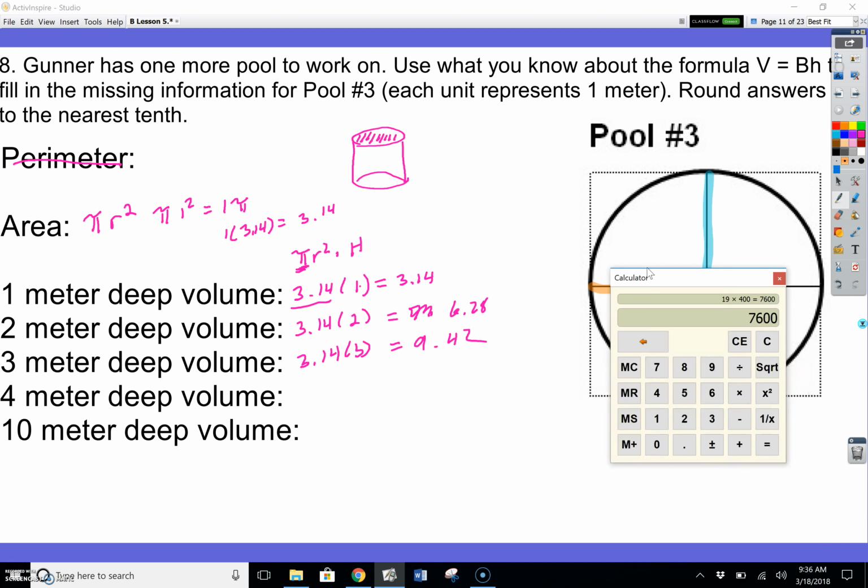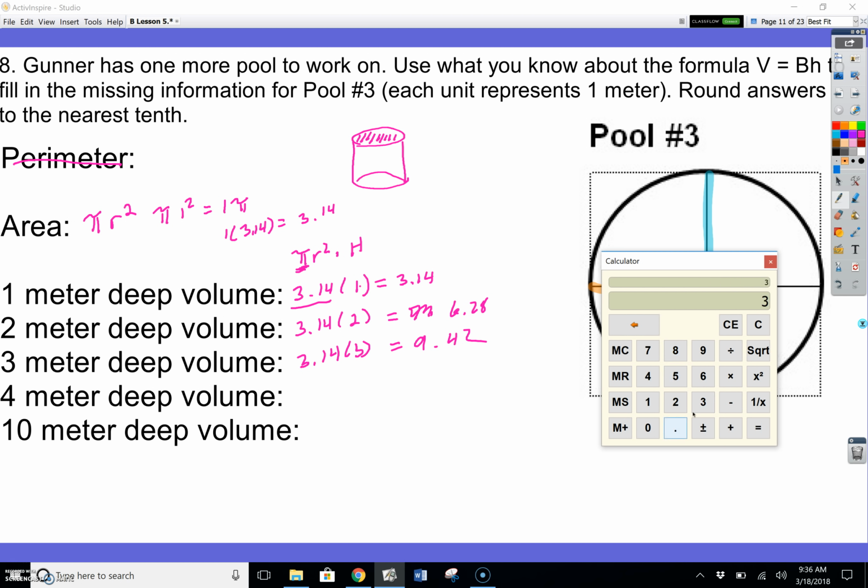I need to put this one in the calculator. 3.14 times 3 equals, yes, 9.42. And we're going to have 3.14 times 4, and that's going to be 12.56. And then 3.14 times 10, which is 31.4. Don't forget, all my units here are going to be meters cubed.